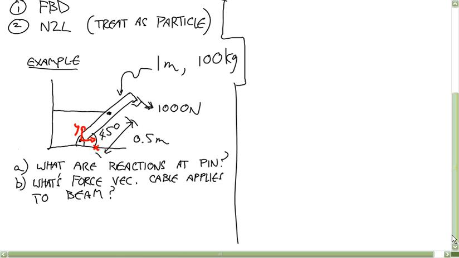And then there are forces where anything's touching the object. So there's some kind of load, or I should say loads. Sometimes it can be a couple as well. But in this case, what kind of loads are applied by a pin joint?